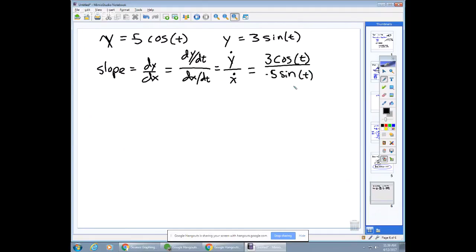So then we have to evaluate that slope function at t equals pi over 12. Oh, pi over 12, that's a tough one for an exact answer. 3 cosine of pi over 12 divided by -5 sine of pi over 12.